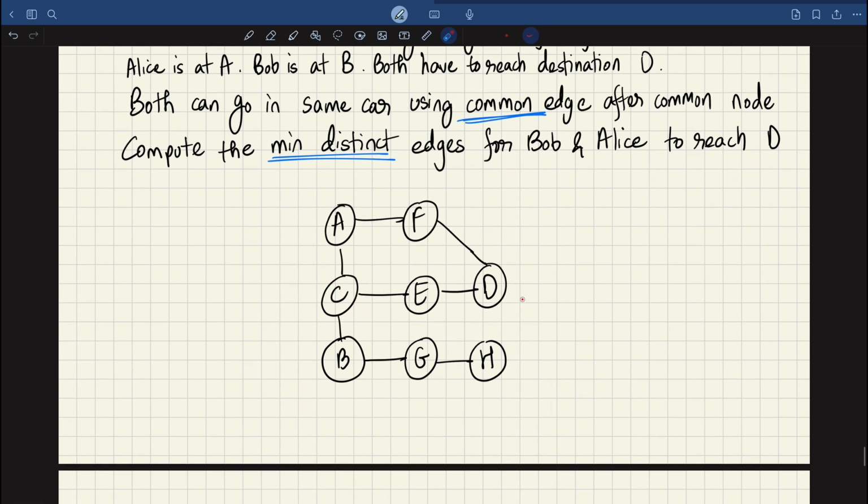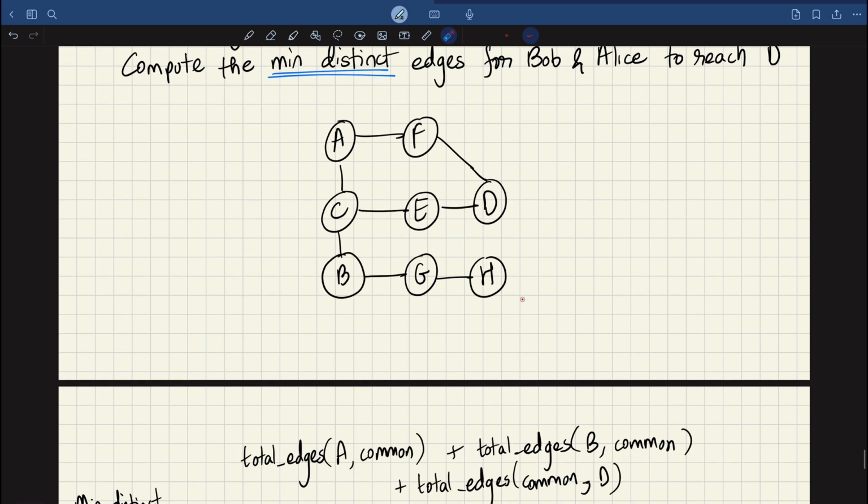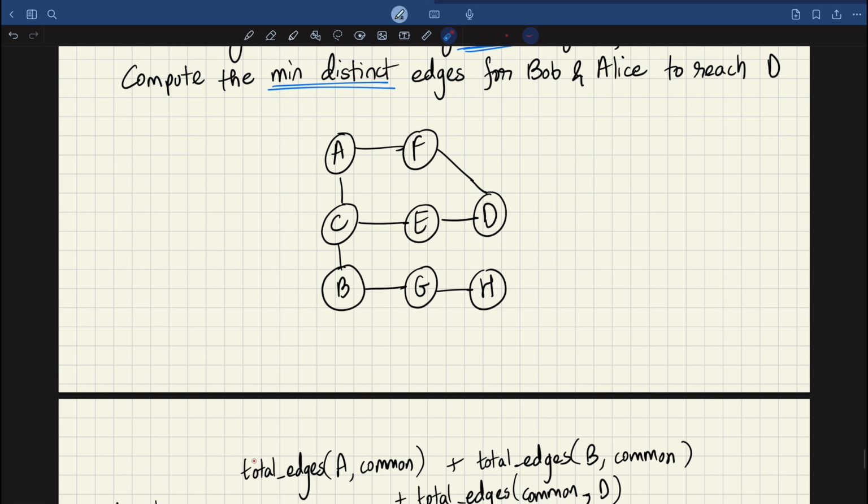So the formula to get the minimum distinct edges is nothing but total edges from A to the common node plus total edges from B to the common node plus total number of edges from the common node to D, right?